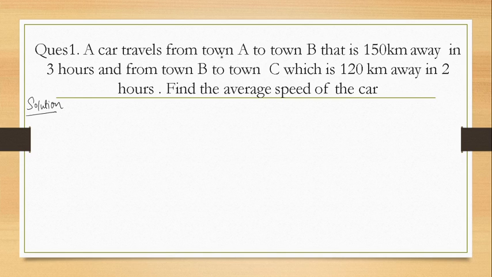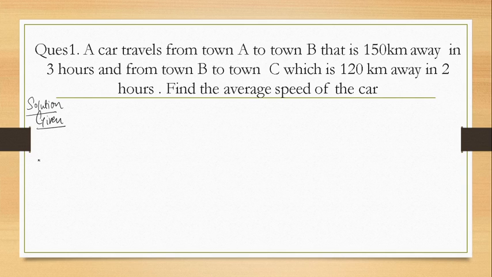A car travels from town A to town B, that is 150 km away, in 3 hours, and from B to town C, which is 120 km away, in 2 hours. Find the average speed of the car. Listen to me. What are the things that are given?